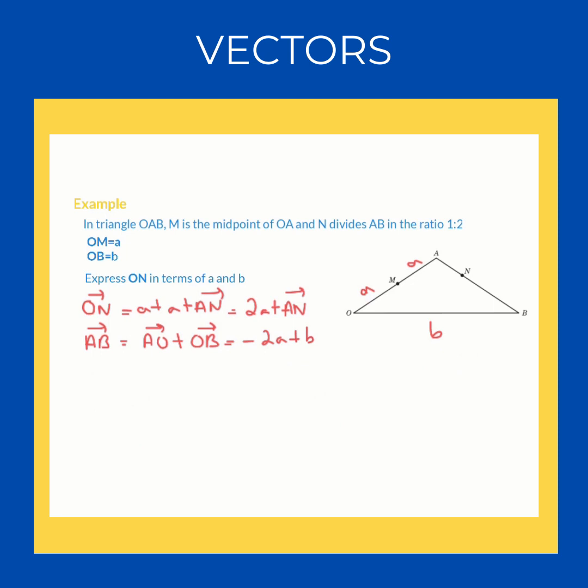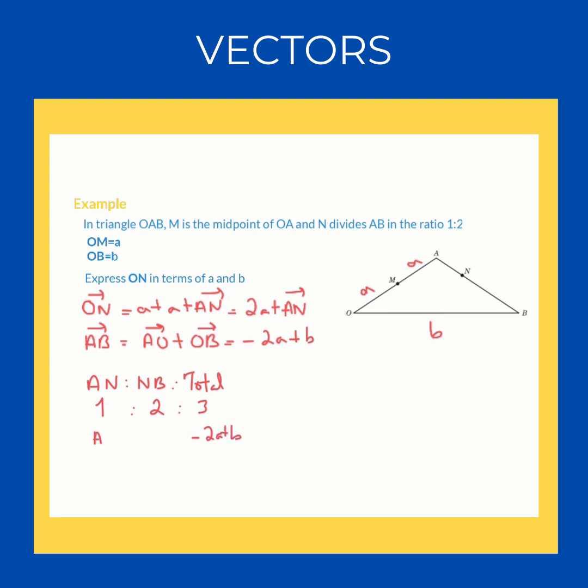Now, how can I find AN? I'm given that the ratio of AN to NB is 1 to 2, and the total is 3. Now, the vector AB represents the total, so I'm going to write down AB under the total, so it's negative 2a plus b.